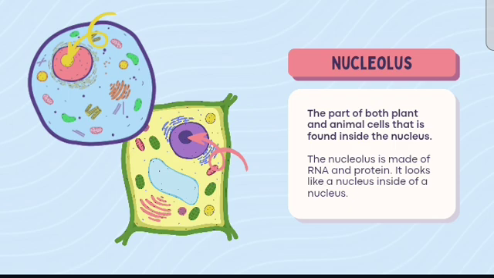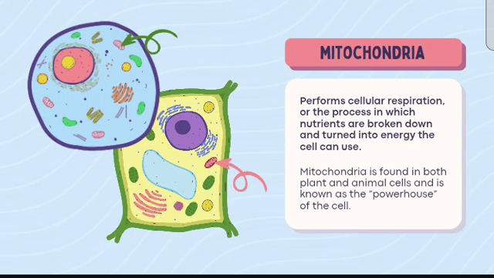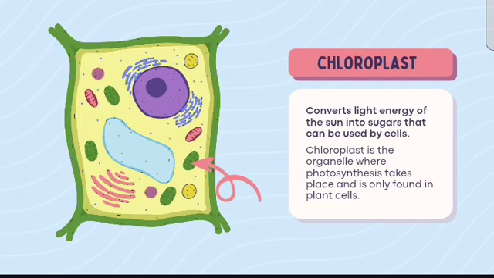As a result, energy is produced in the form of ATP and ADP, and plants and animals use this energy. Carbon dioxide is produced as a waste product, which is excreted out from the plant cell as well as from the animal cell as a result of respiration.